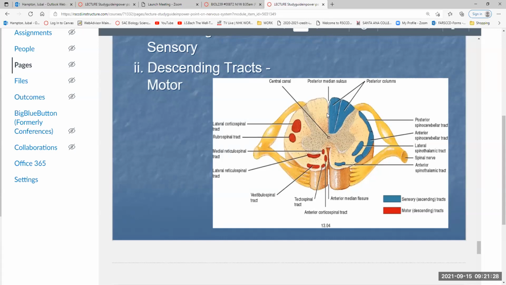In a sulcus, you've got two folds of tissue right up against one another, and it looks like you could barely squeeze in a dime or maybe even a piece of paper in between the two. A fissure is wider. You could definitely get a nickel-thick coin in a fissure. And again, here we have our central canal.